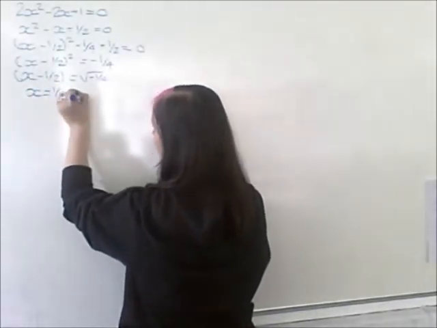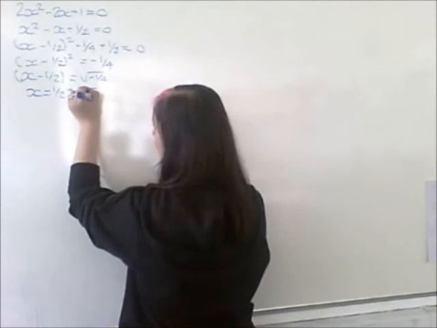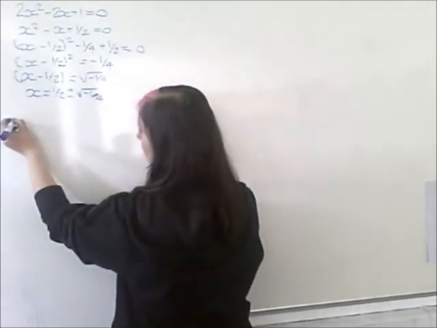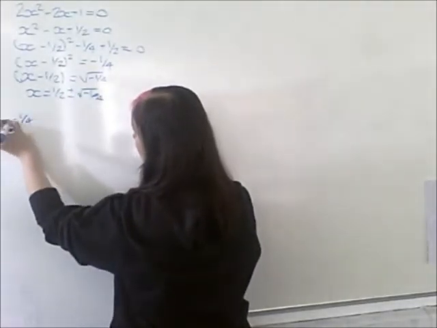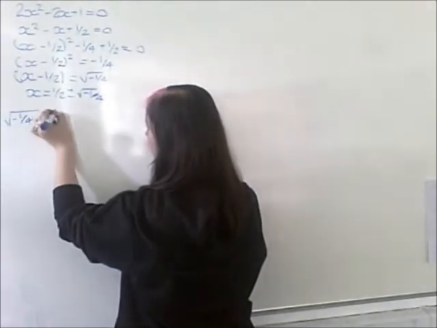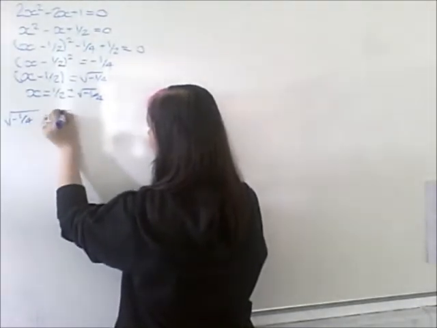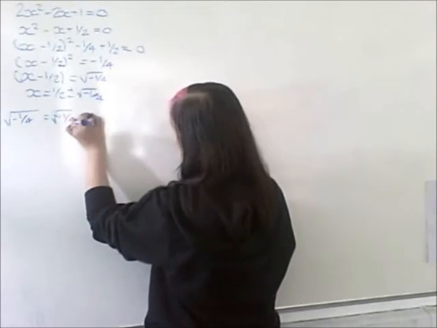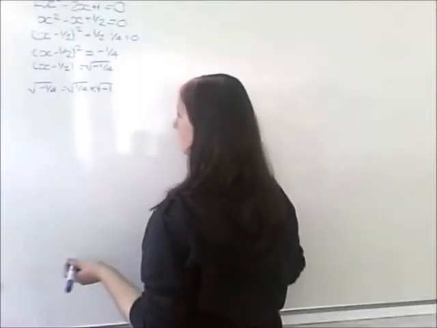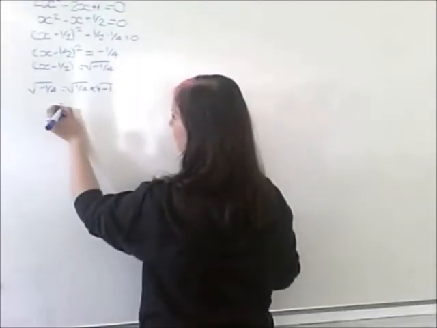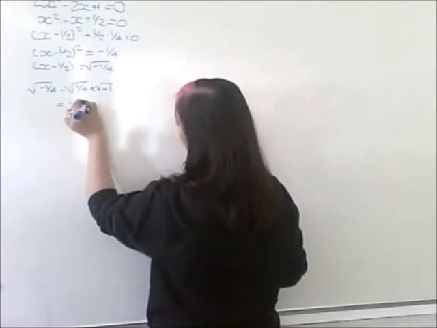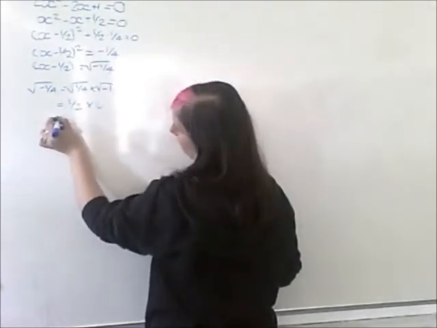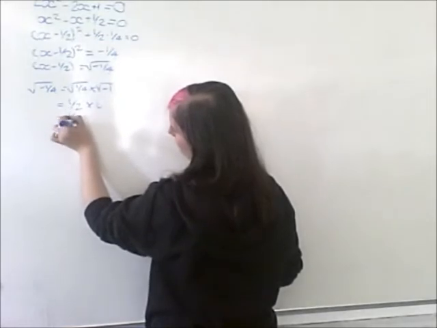So like we did before, we're going to treat the root of minus a quarter as a surd and separate it out into root a quarter times root minus 1. The square root of a quarter is a half, and the square root of minus 1 is i. So the square root of minus a quarter is a half i.